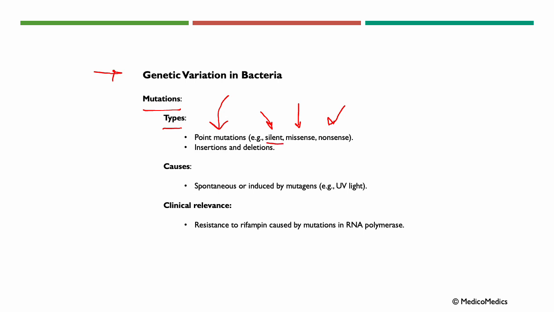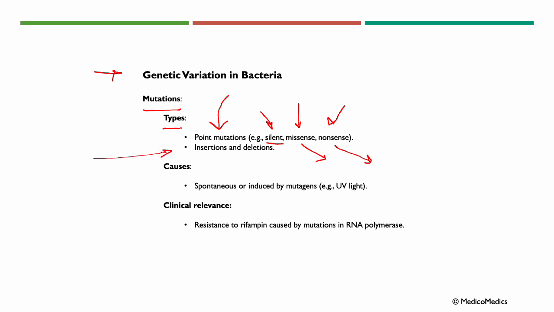If it's a silent mutation, there is no effect on the protein. If there is a missense mutation, it alters one amino acid in the protein, potentially changing its function. If it's a nonsense mutation, it introduces a premature stop codon, leading to a truncated, non-functional protein.